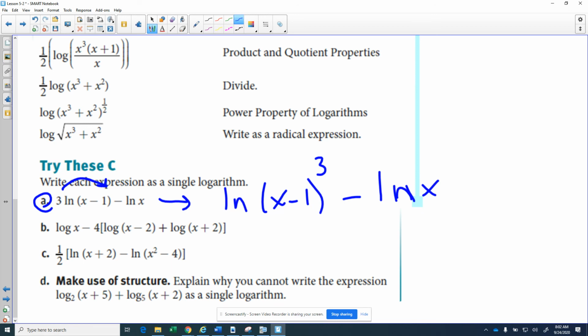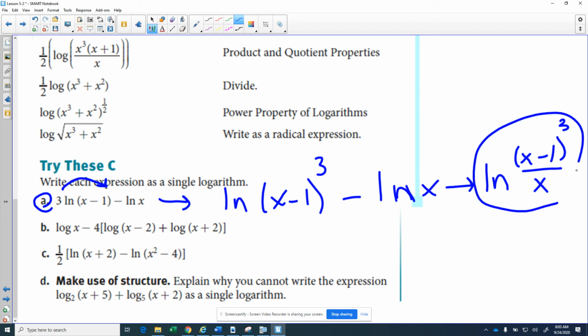If I have a subtraction in my logs, I can change this into a division problem, in which the original value is going to become the top, or the numerator, while the other value is going to become the denominator. So my final answer comes out to be the natural log of x minus 1 cubed divided by x.